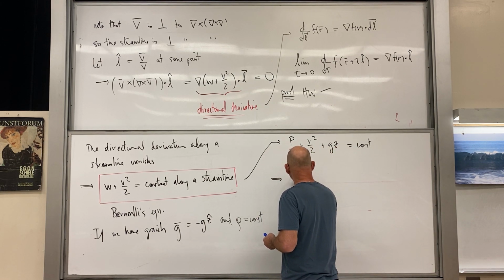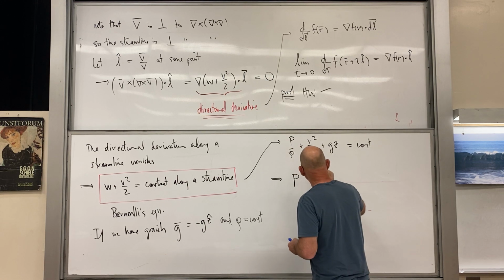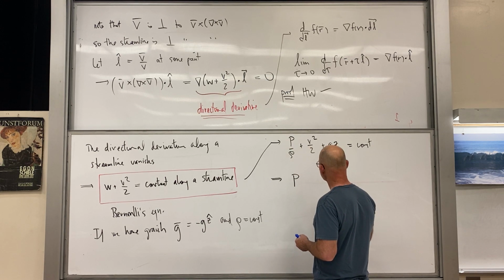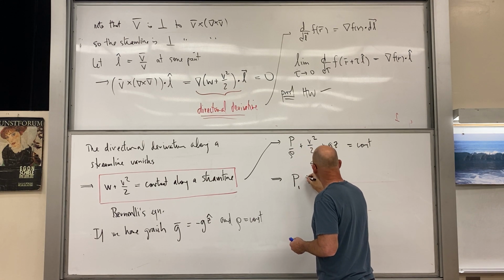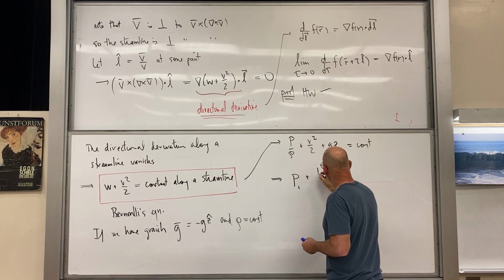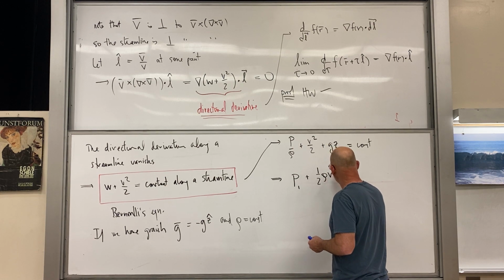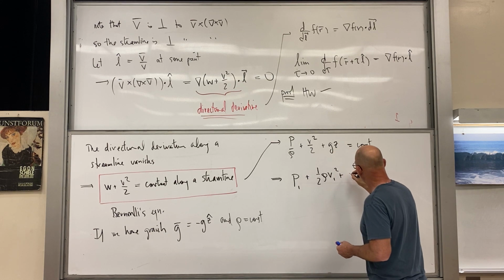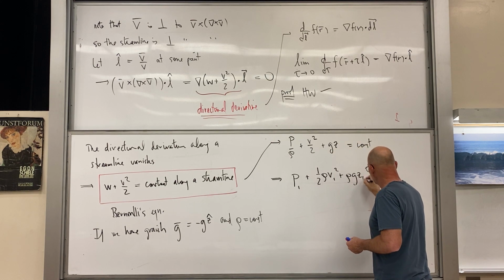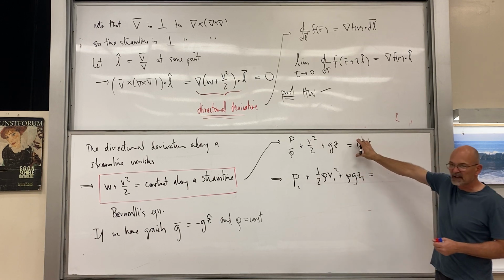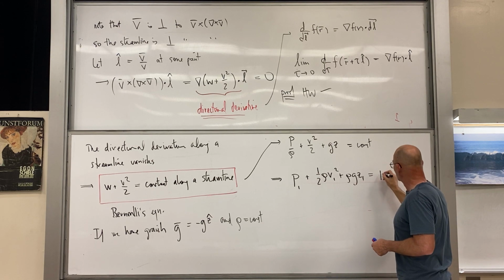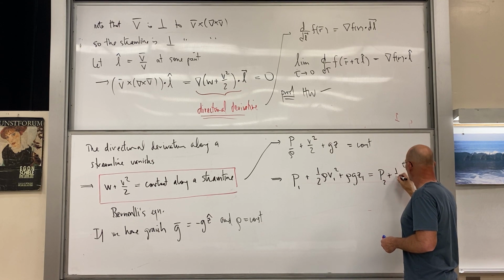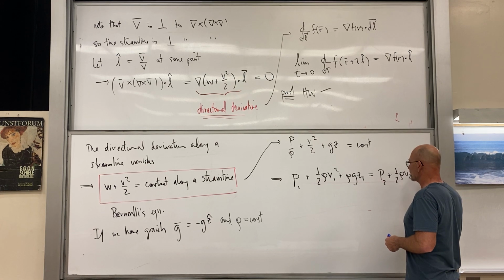Or it's often written this way: P1 plus 1/2 rho V1 squared plus rho g Z1 is the same thing since it's constant with the subscript 2, so P2 plus 1/2 rho V2 squared plus rho g Z2.